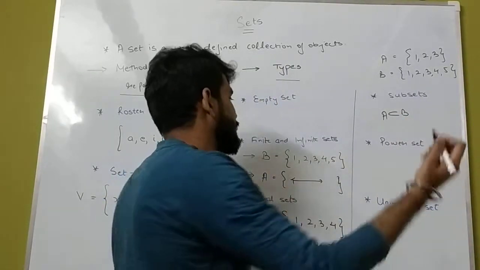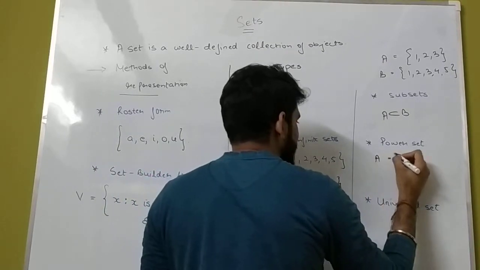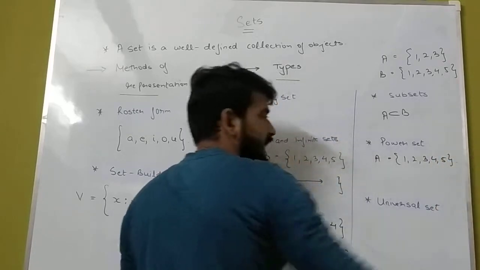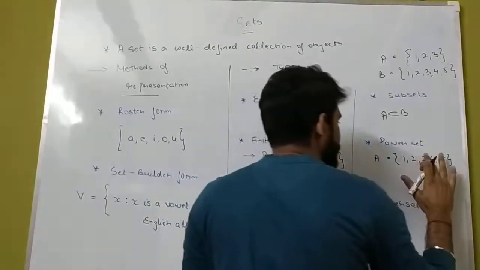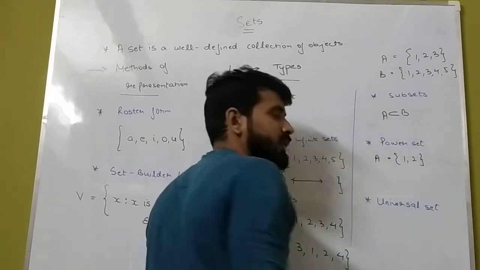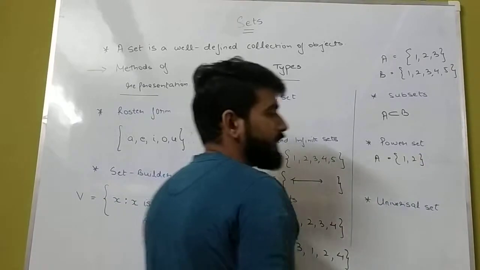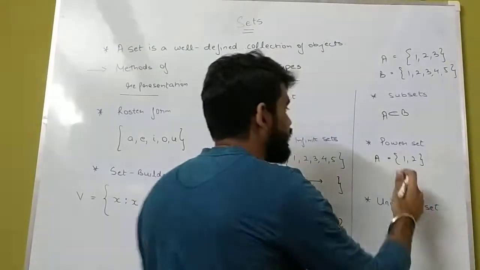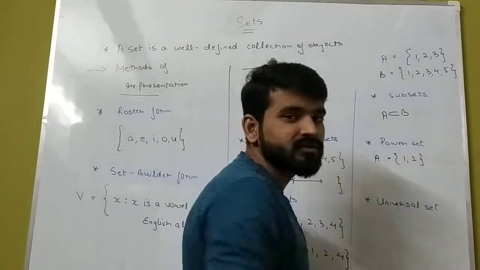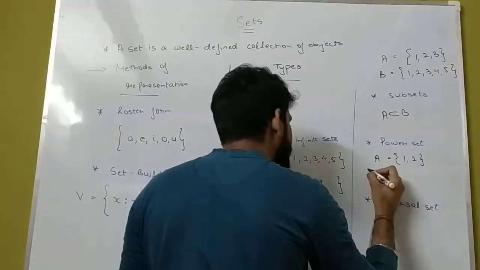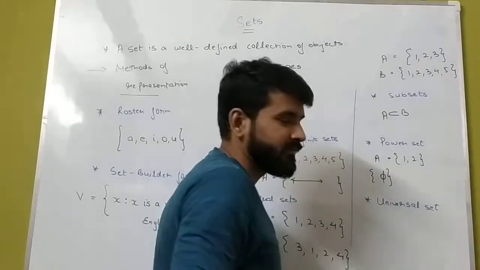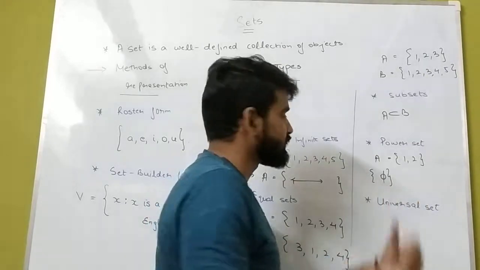Next is the power set. Again an example. Let's say we have a set A, 1, 2, 3, 4 and 5. Alright, let's make this somewhat more simplified. So we have a set A having only two numbers, 1 and 2. Now if I would like to define the subsets of this particular set A, the first subset is the empty set, which means nothing.